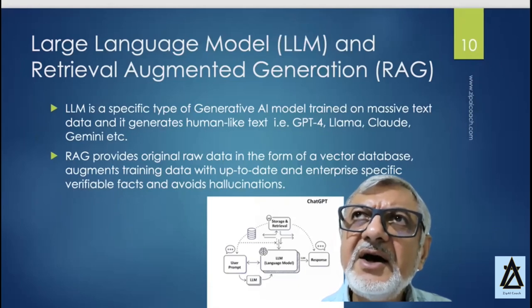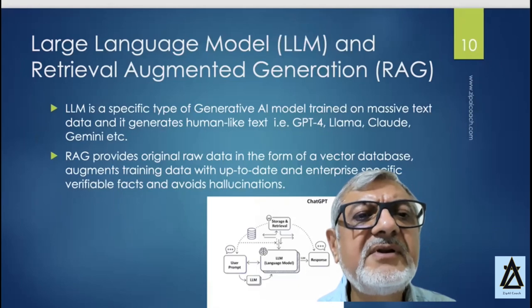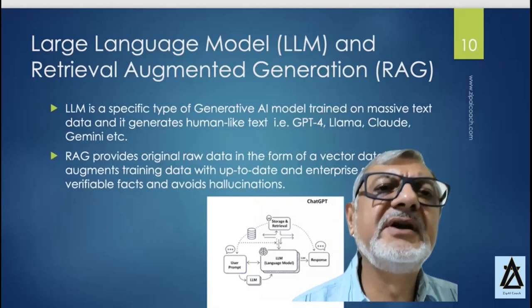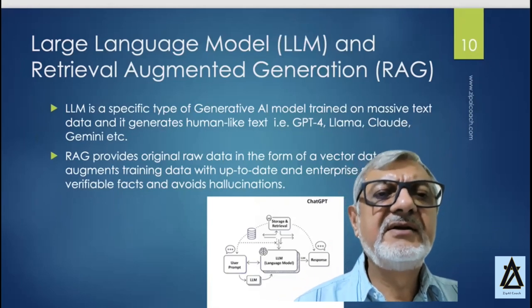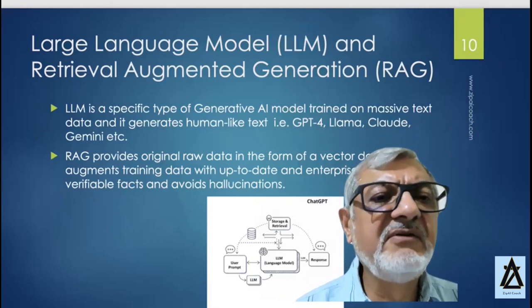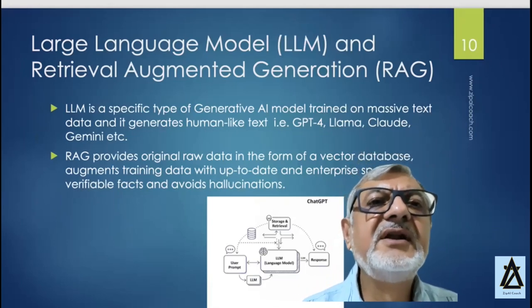Retrieval augmented generation, RAG, is another concept and technology which has enhanced the scope of generative AI. Using RAG, we are able to give up-to-date, enterprise-specific and verifiable facts to the generative AI.